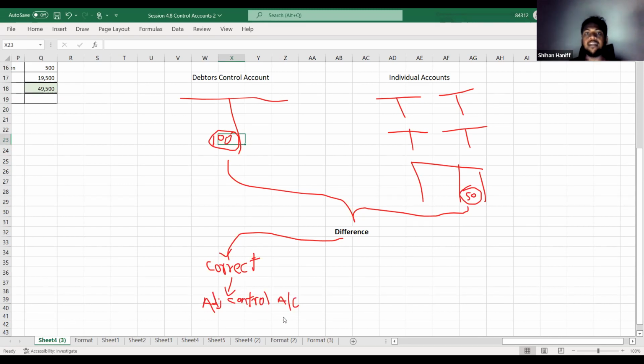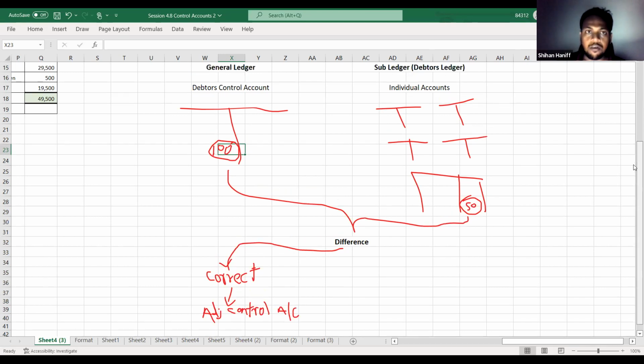Okay, so we correct it. If the error is from the control account, we have to correct it. If the error is from the sub ledger, then we have to compare. How are you going to compare this? Through the reconciliation.